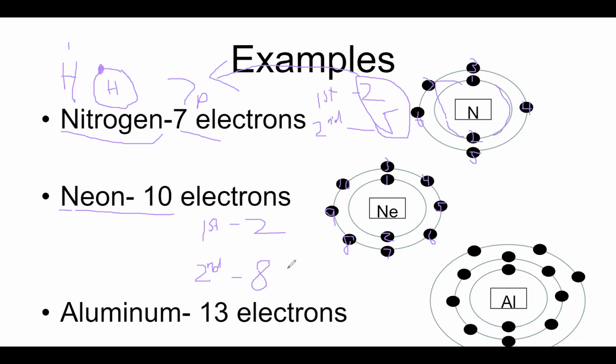So the second shell has 8, and the 2 and the 8 together give us a total of 10 electrons. So neon has 10, 2 go on that first shell, and 8 go on the second shell. And the 2 and the 8 together give us the 10 total that neon has.